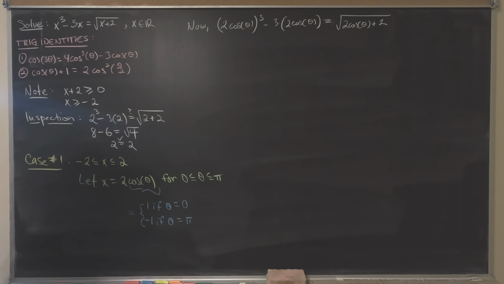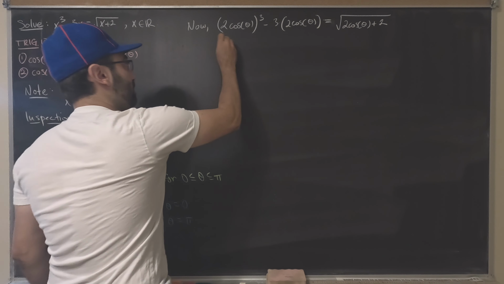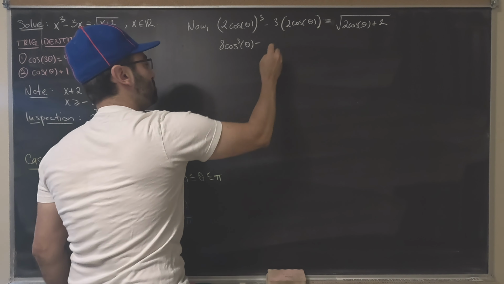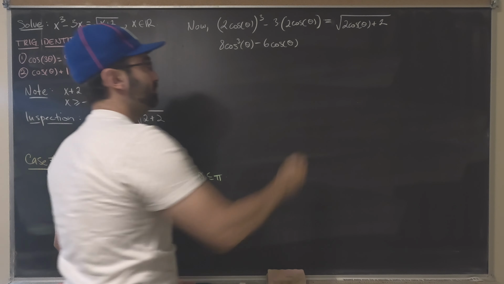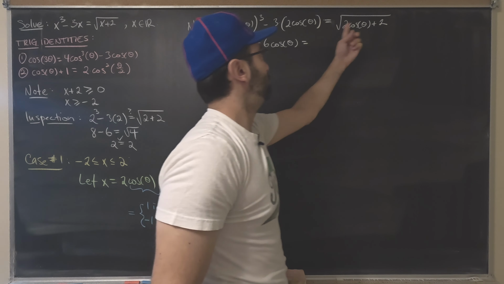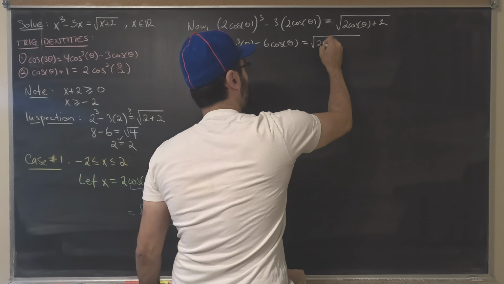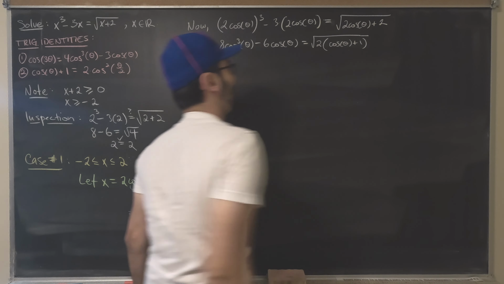Well, we can clean this up a little bit. This quantity cubed is 8 cos cubed of theta. Distributing the 3 gives us 6 cos of theta. And then factoring out a 2 from inside the radical here, we get 2 times cos of theta plus 1.